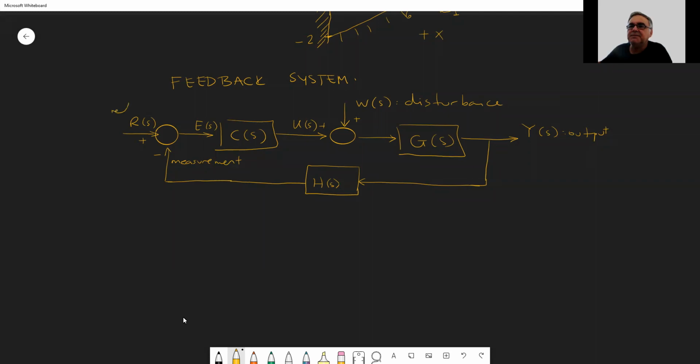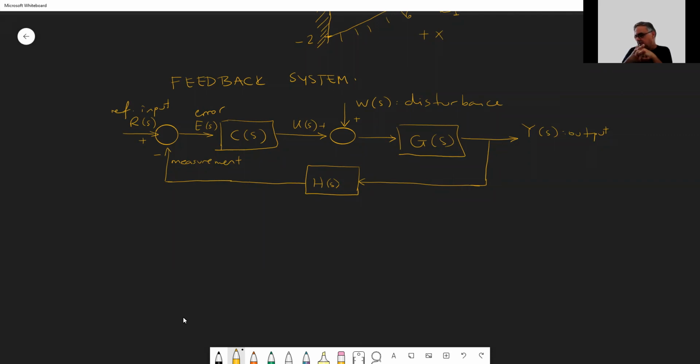So this is the reference input, error. This is controller output or the actuator. The controller usually drives an actuator like a motor, and there is a disturbance on the system. But what are the disturbances?